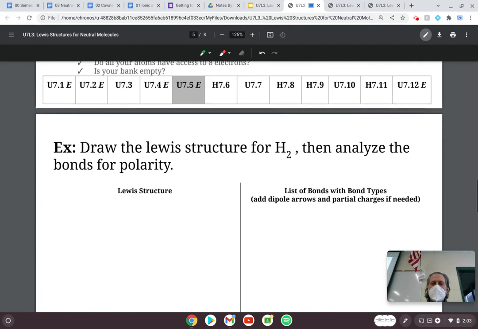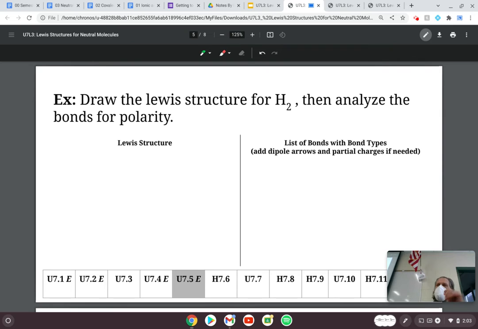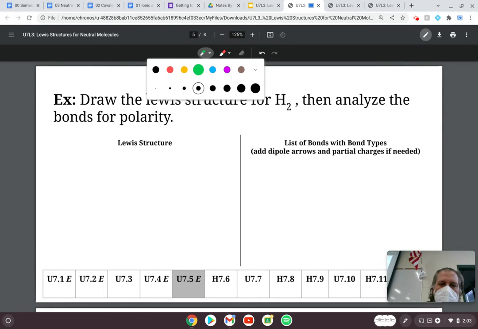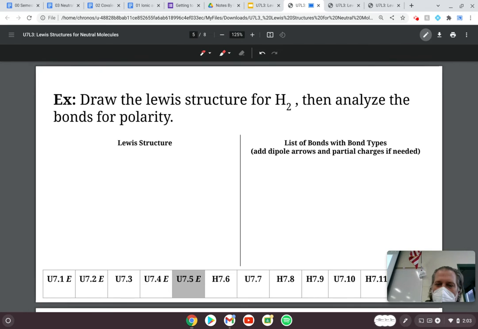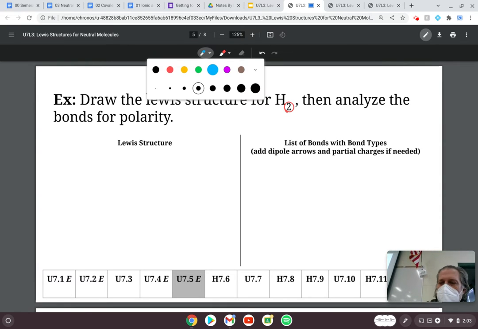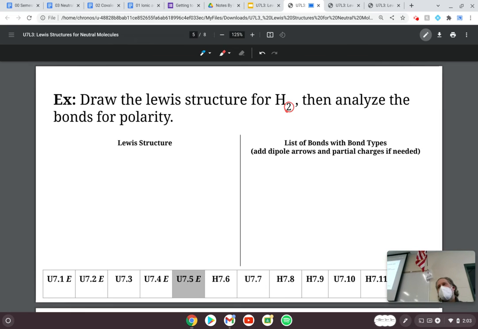So we're going to start with a really incredibly difficult one, H2. So in this instance, my formula is H2, and I know that I have 2 hydrogen atoms. Okay. Now, for the sake of argument, I'm going to collect my electrons in the electron bank the way that I'm going to do it here, and then I'm going to do it differently for the next few.